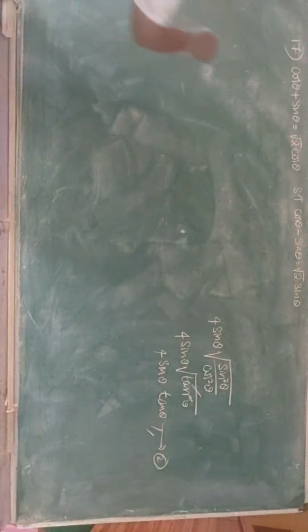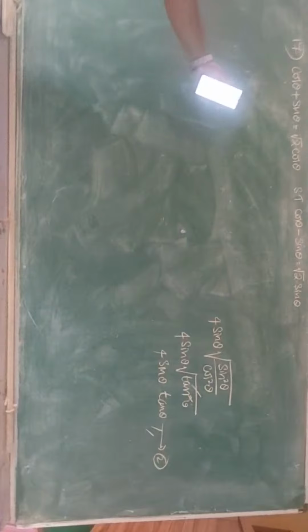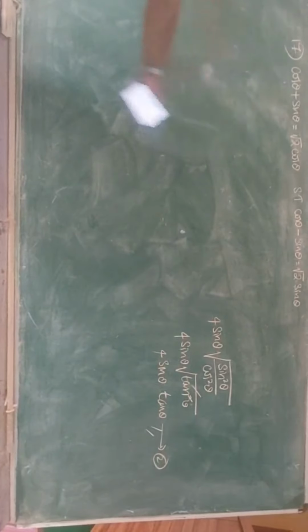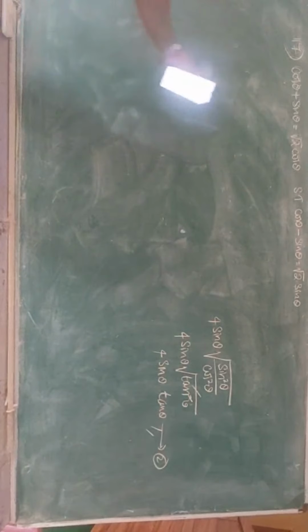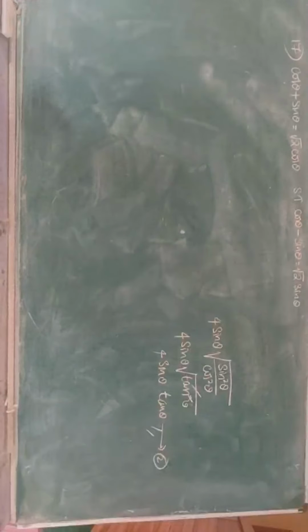You see? So we can take cos theta plus sin theta is equal to root 2 cos theta as the condition. Using this we can prove that cos theta minus sin theta is equal to root 2 sin theta.